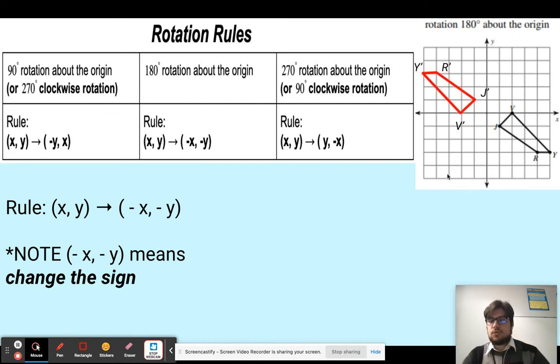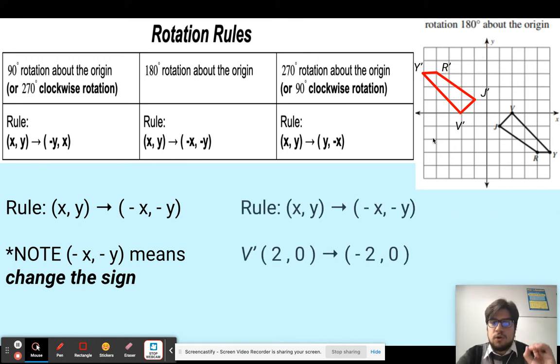Okay, so let's look here. This is the actual shape rotated 180 degrees, right? Going from here to here, it looks a little bit different. And so our rule is x comma y becomes negative x comma negative y. If we look at one example, which is v, or v prime, v starts at 2 comma 0, right?